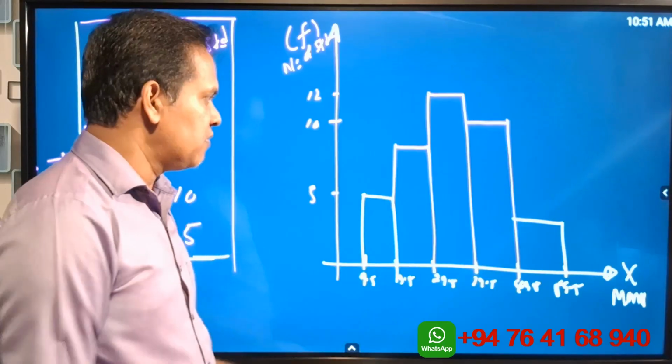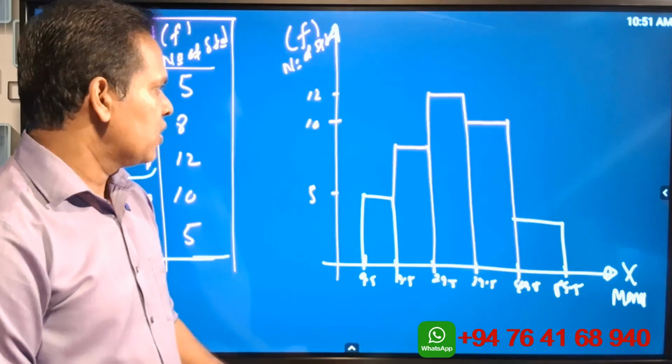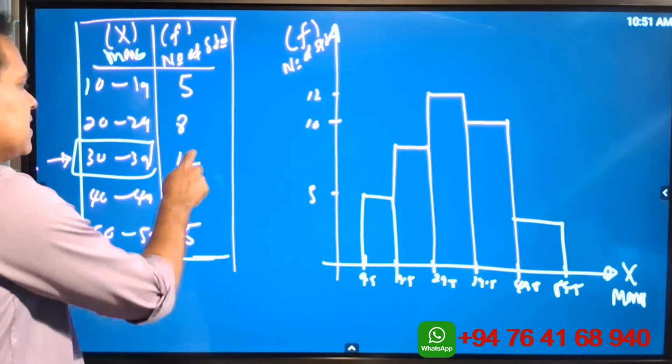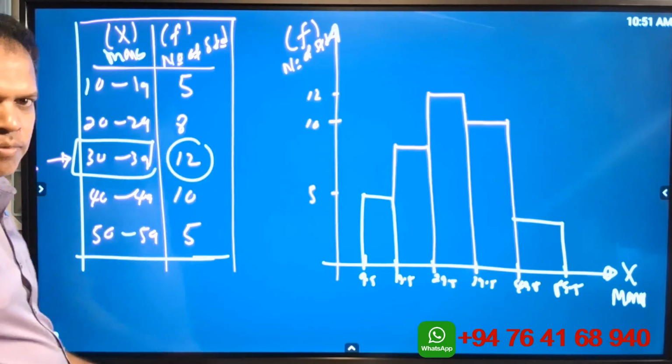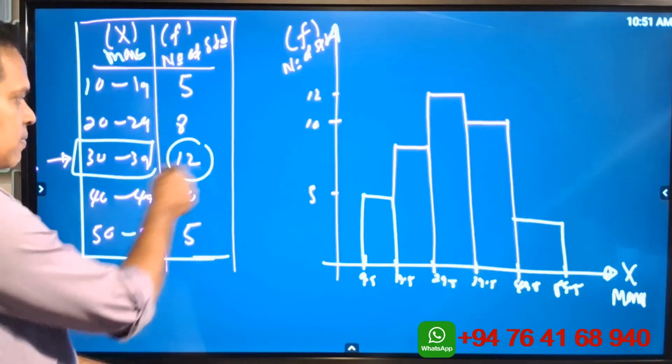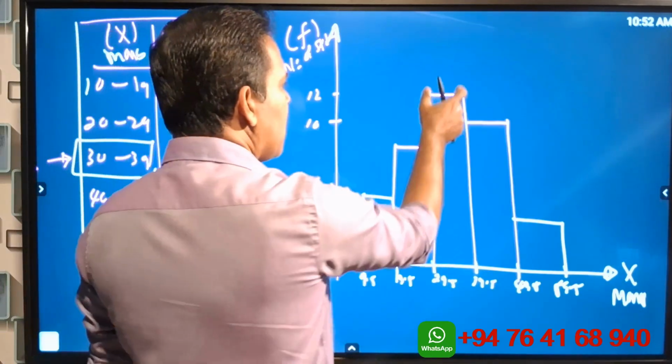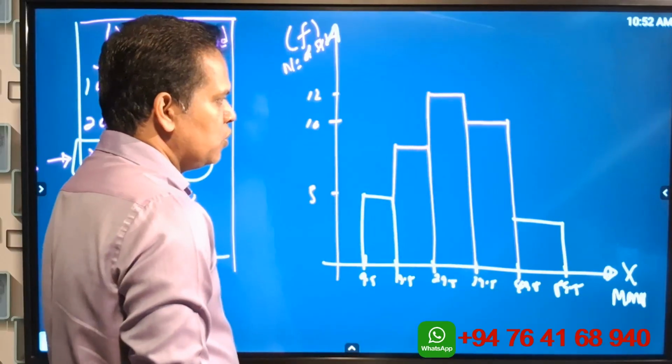That is the graphical method. How do we do that? Okay, this is the highest rectangle. That is the class including the mode. So considering this highest rectangle, you can do this activity.